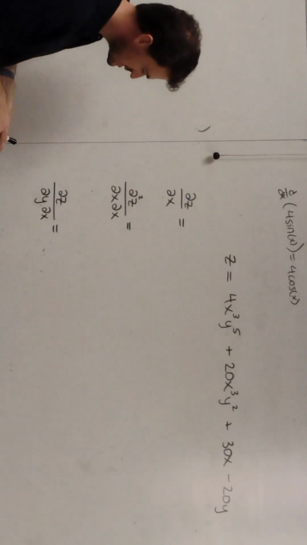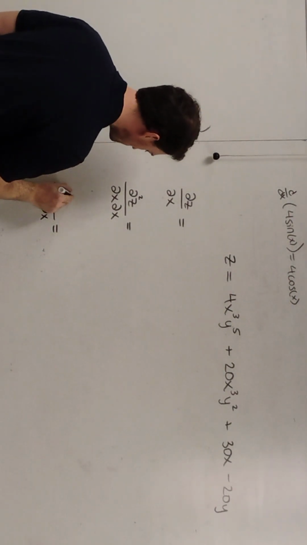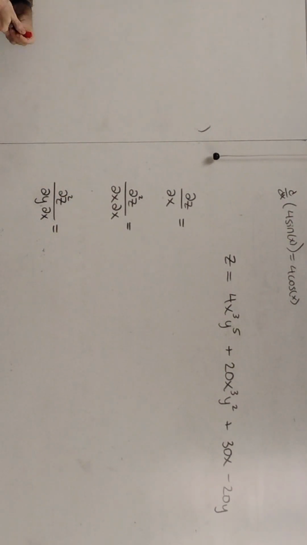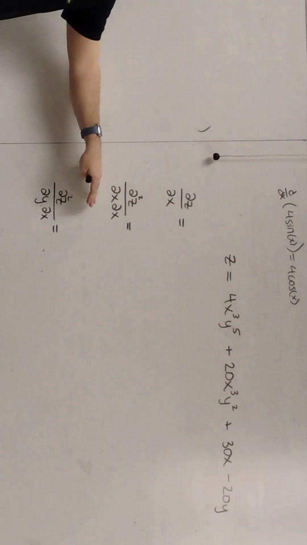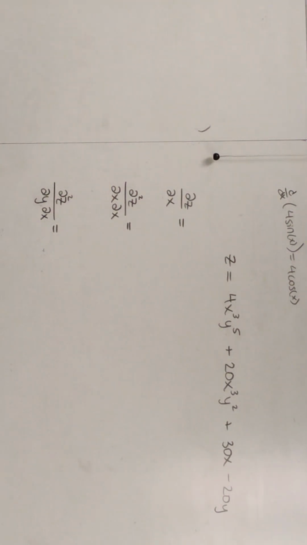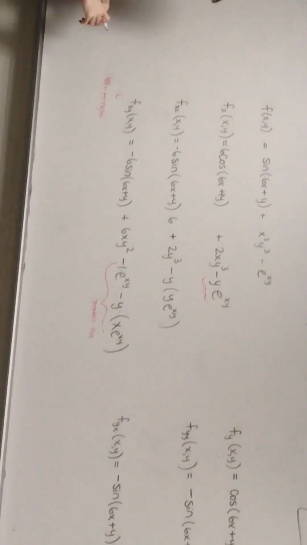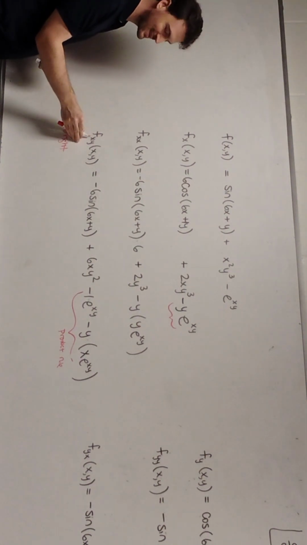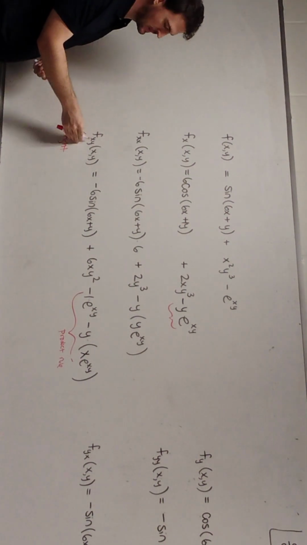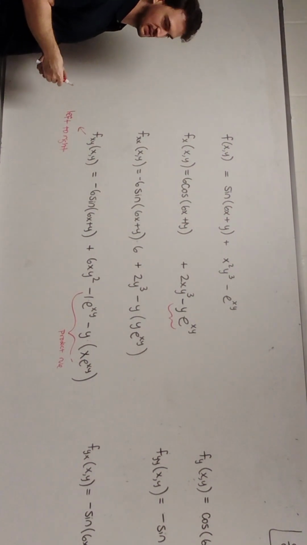We recognize this is kind of looking like the same thing, but please note a huge star on your paper. In this notation, unfortunately, we have to read it a little bit differently. Over here, we read left to right. This is saying take the partial derivative with respect to x and then the partial derivative with respect to y.